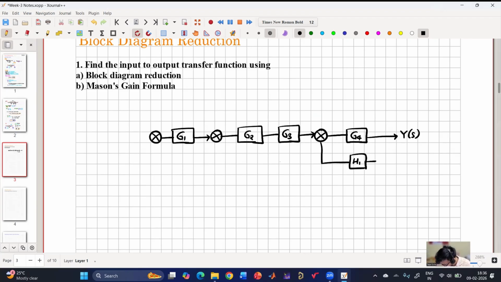So H1, and then this is plus minus. The meeting might end anytime soon, so if this ends, kindly join back, then we can solve this problem. Let me quickly draw the diagram.